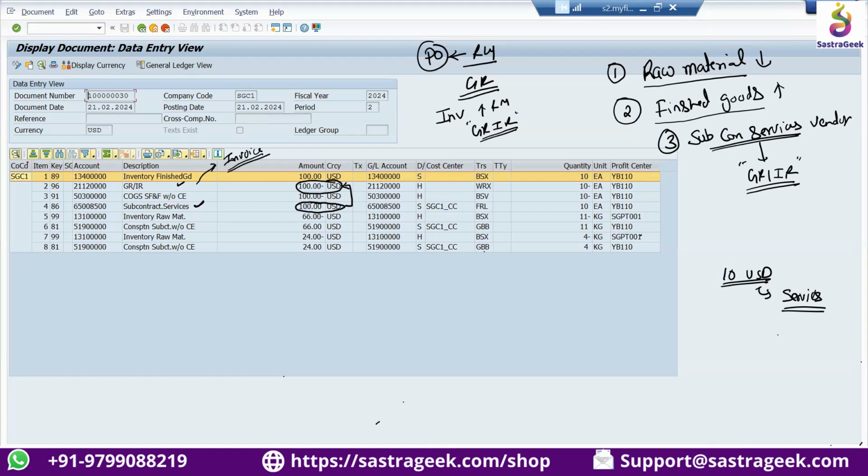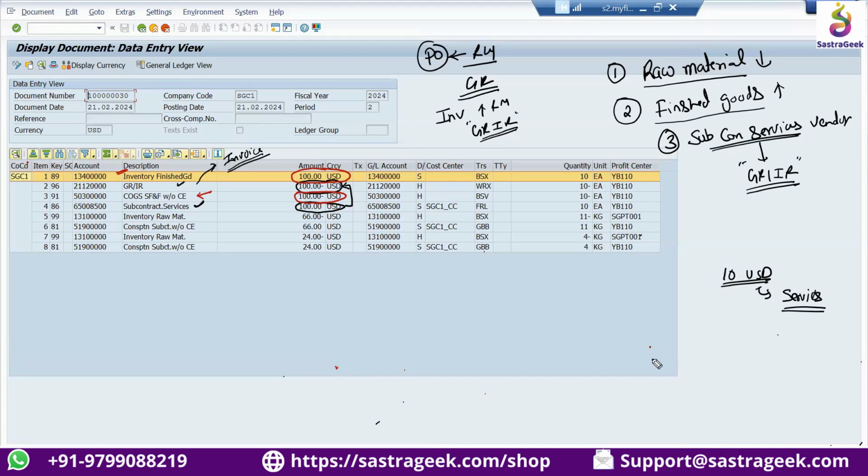Then another transaction is that finished good inventory is increasing, right? This is the inventory finished good. Finished good inventory is increased. So there is one entry here for the finished good. And then there is another entry here for the COGS, cost of goods sold.